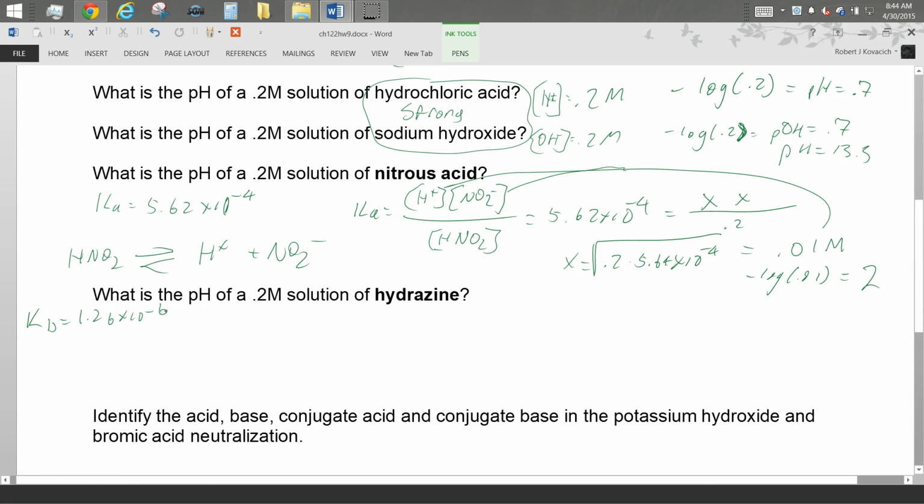Okay, so I'm going to put this in a completely generic format. So this is a weak base, right? What will a weak base generate? A hydroxide ion, right?